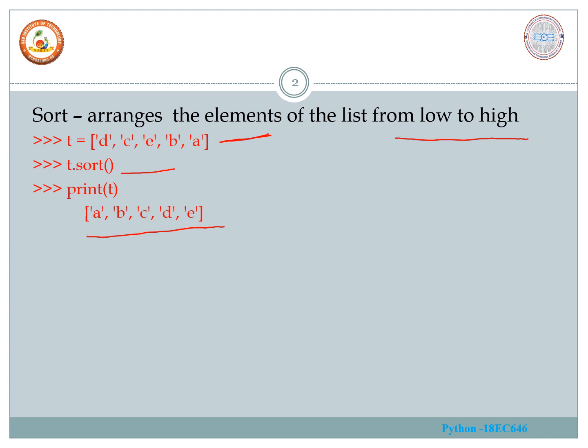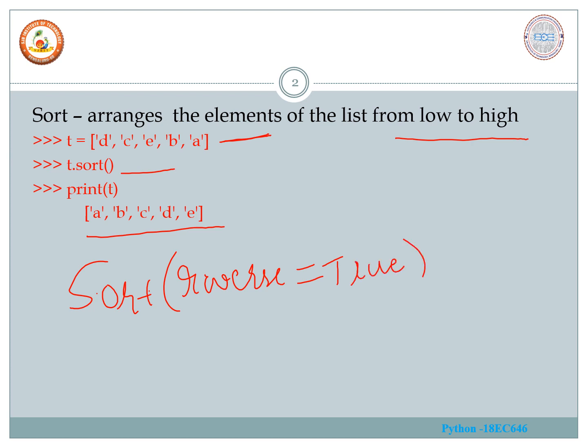And if we want to go for descending order, then the sort method should be provided with an argument saying reverse is equal to true. Which means that you are telling the method to sort in reverse order since reverse is true. Now when you print the elements, it will be in that order.